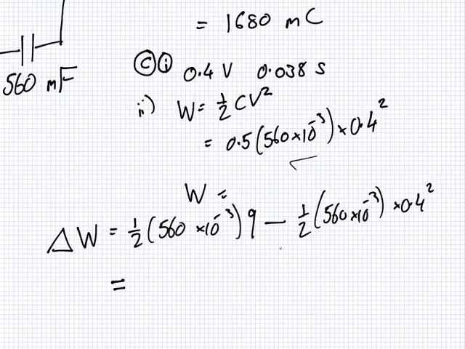The first one is 2.52 and the second one is 0.045. It's going to be 2 point something. Just type it in on the calculator. 2.47. Oh, five, that's to six significant figures. 2.47. 5 to 52, so 2.48 joules. Okay.